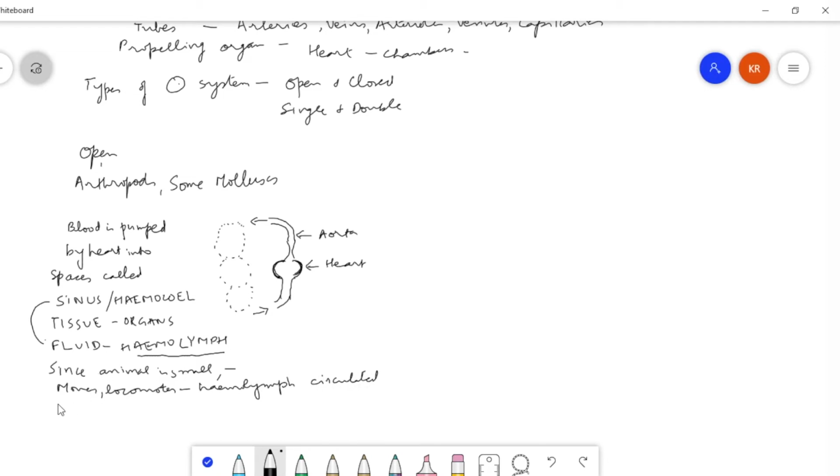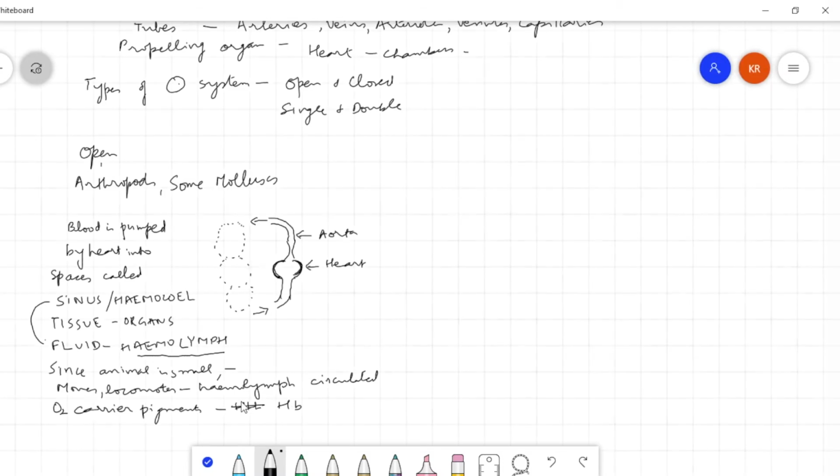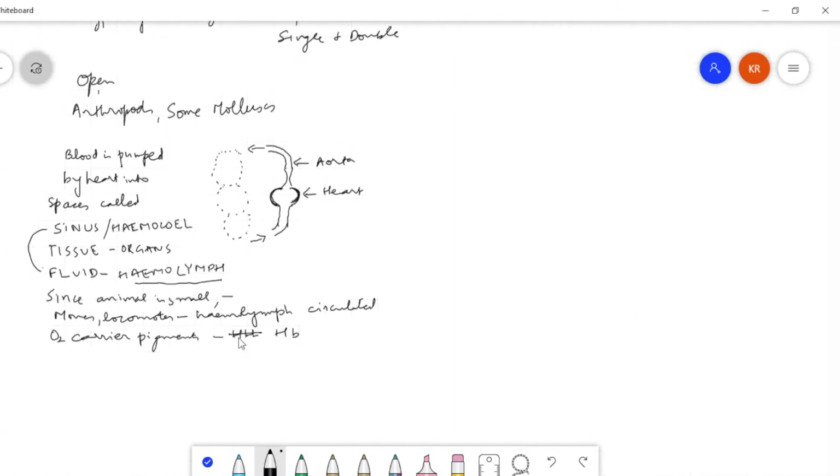Now in some cases the hemolymph contains oxygen carrier pigments. Sometimes it contains Hb or hemoglobin. In some animals, there is hemocyanin.